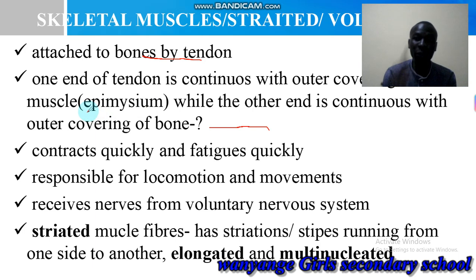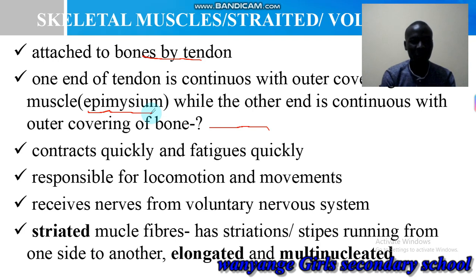The outer covering of a muscle is called epimysium. Epimysium. Someone is now struggling to pronounce. So the outer covering of a muscle is called epimysium.